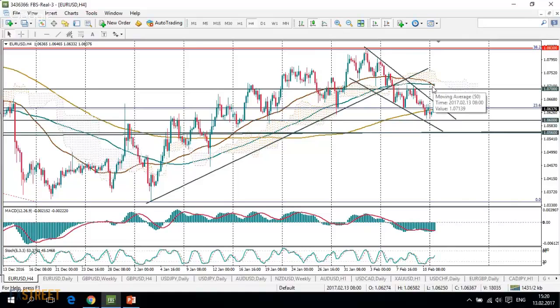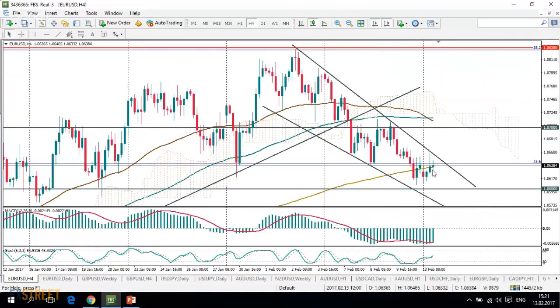The 50 period moving average, the brown line, is getting below the green moving average, the 100 period line. The pair is trying to recover and get above the 200 period moving average, but for now we can see that it lacks momentum and is unable to close significantly higher.